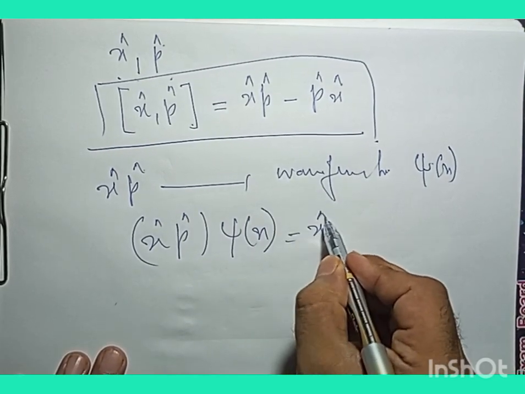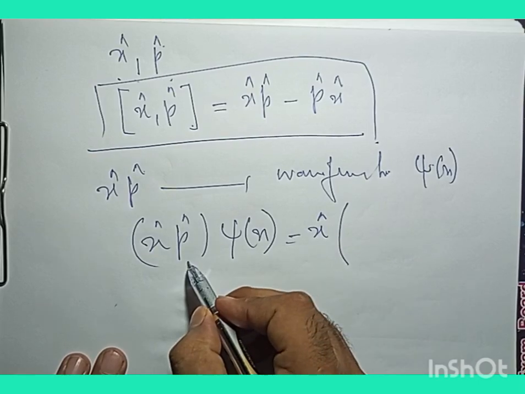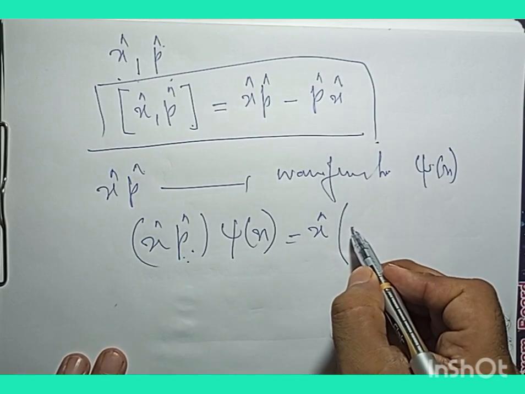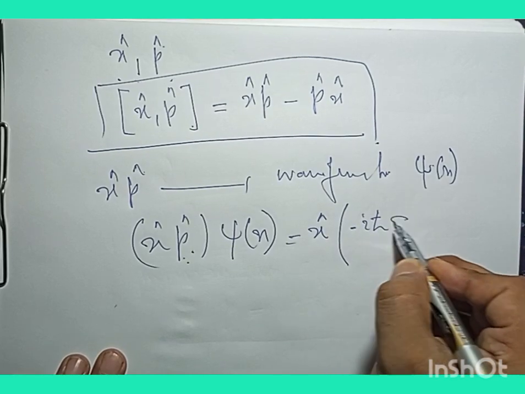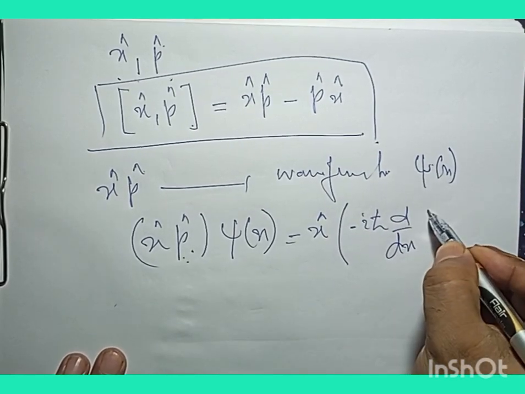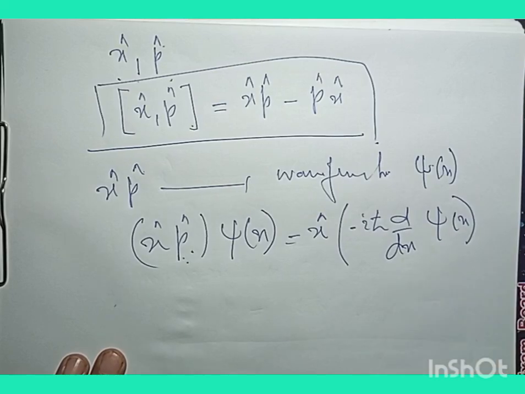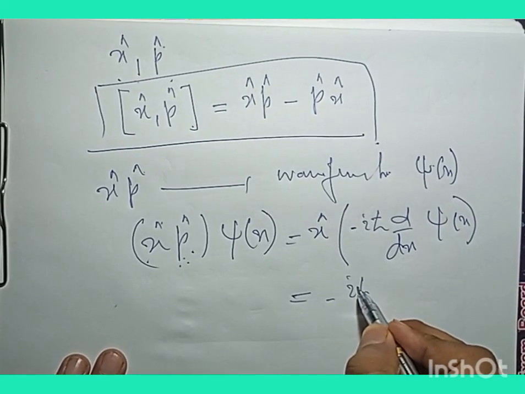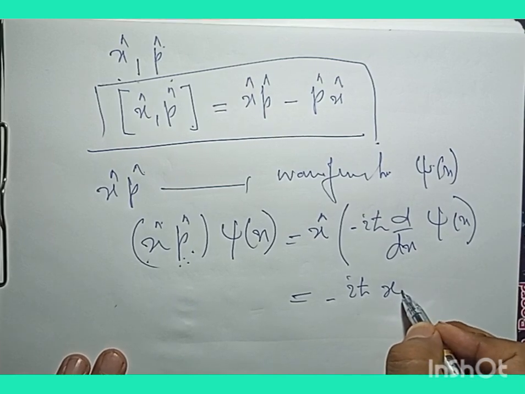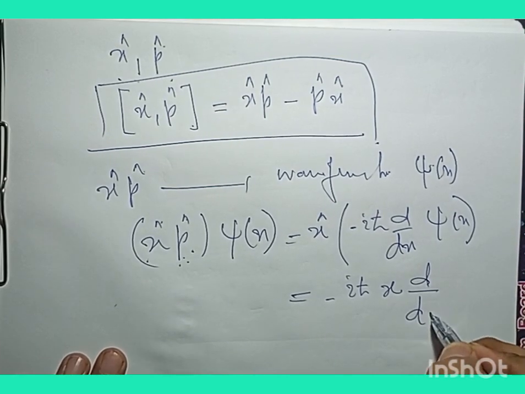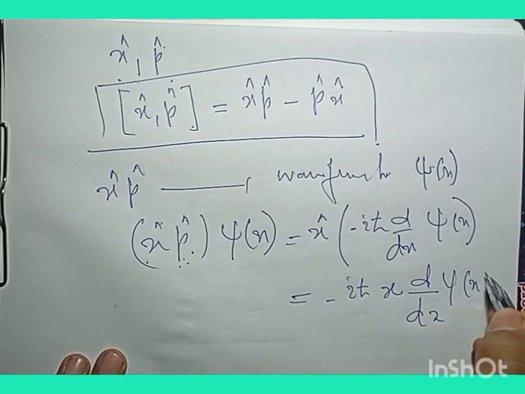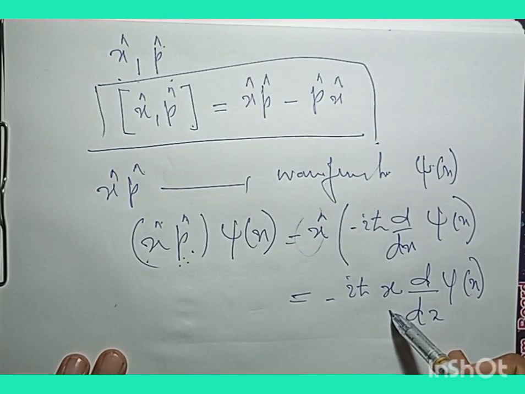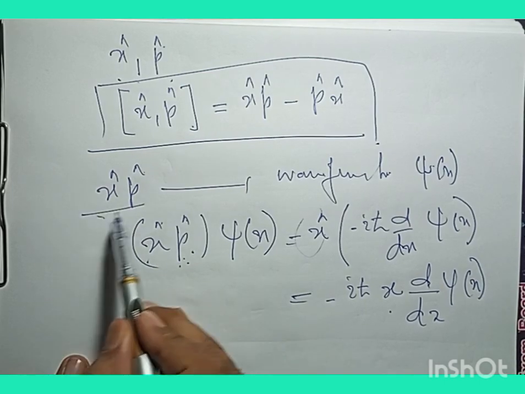If I keep x cap out, then for p cap, order is important, I will write its operator, the momentum operator, that's minus i h cross d by dx of psi of x. So x cap p cap is going to give us minus i h cross x d by dx of psi of x, because the position operator on psi gives us x. So this is our x cap p cap.